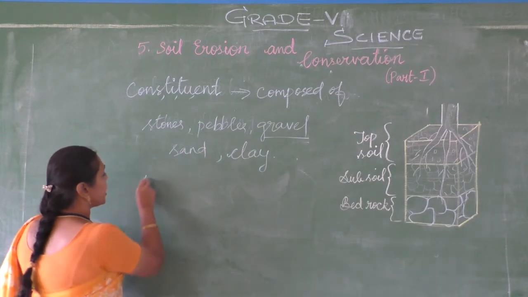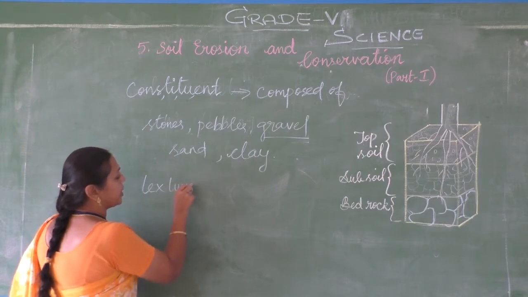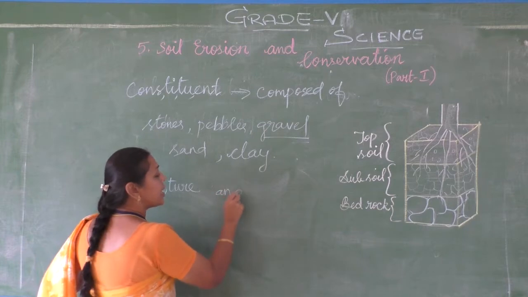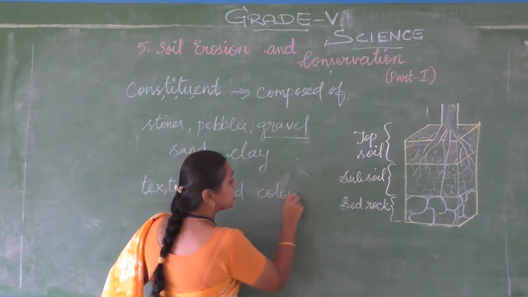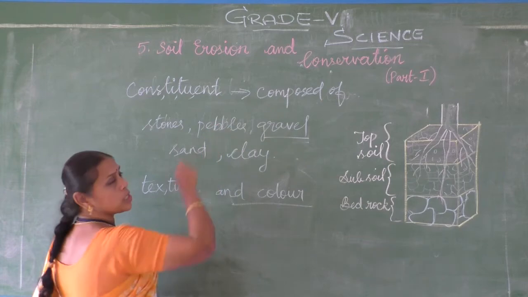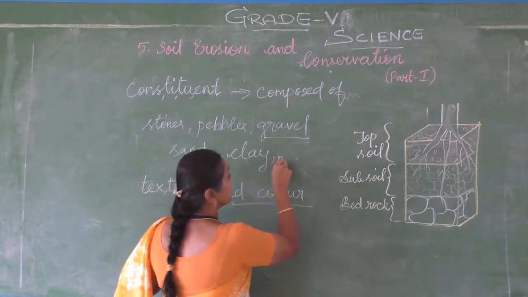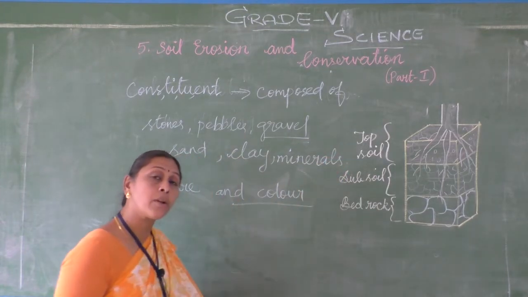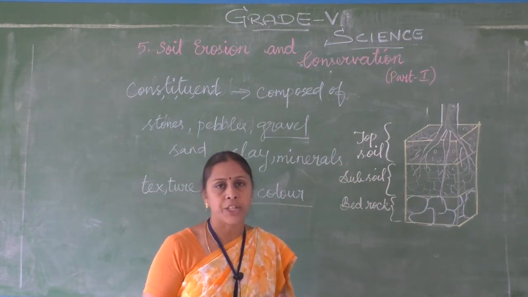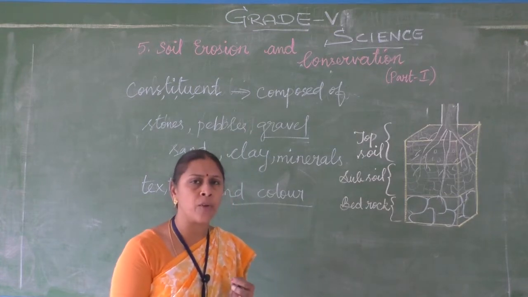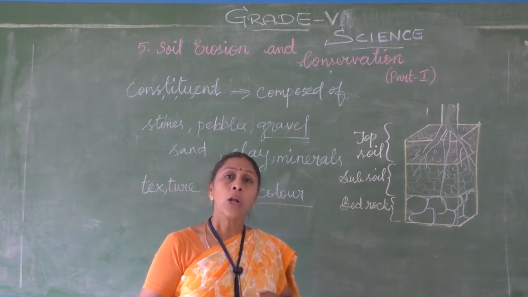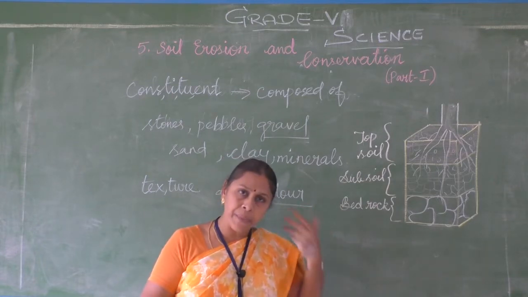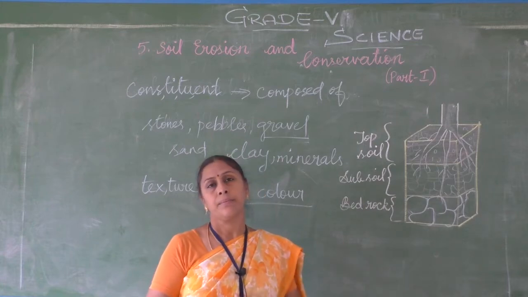And the texture and color depend upon the composition of the soil, and along with this, minerals are also present in the soil. A lot of minerals, calcium, iron, manganese, sulfur, whatever it is, those are all called minerals. We are taking them from the soil only, digging the earth.